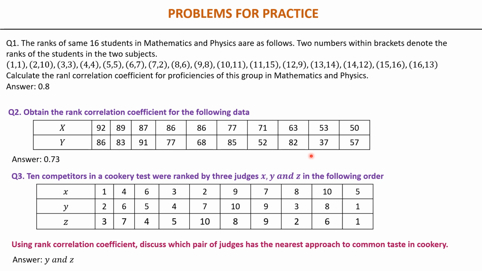Then we also took up problems where corrections had to be made and then found the correlation coefficient. Then we used it for bivariate frequency distribution. And now, of course, we did the rank correlation coefficient. So these are the topics that we touched upon in the first part of this unit.